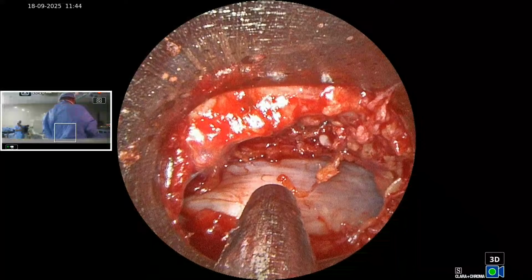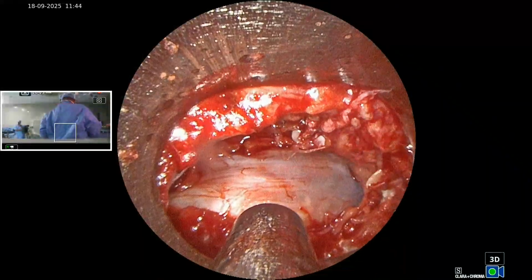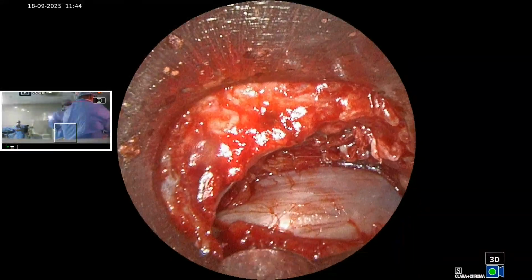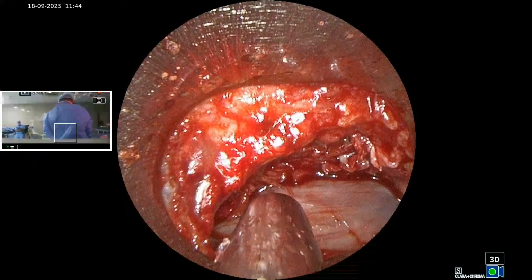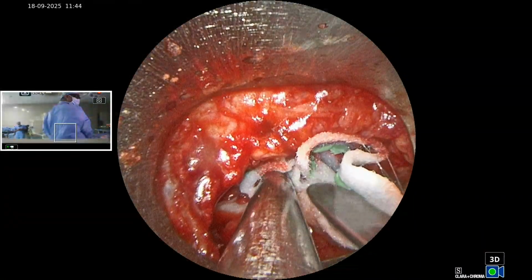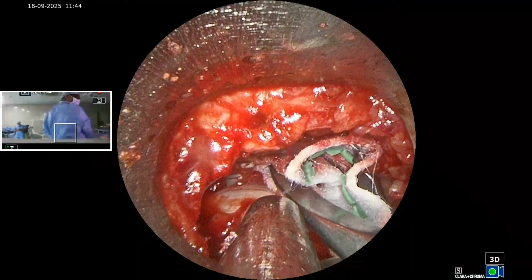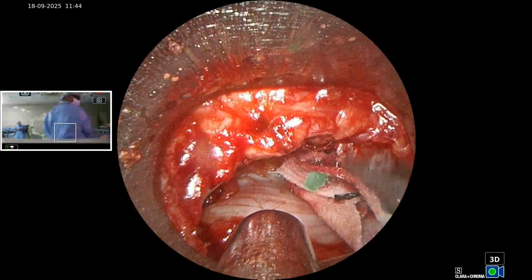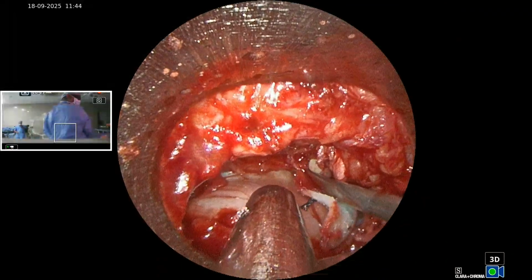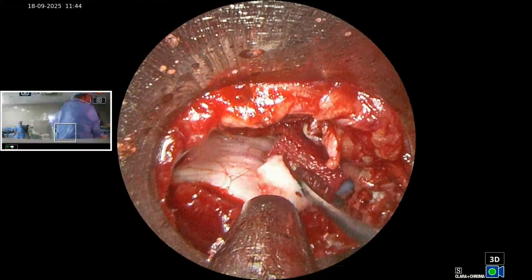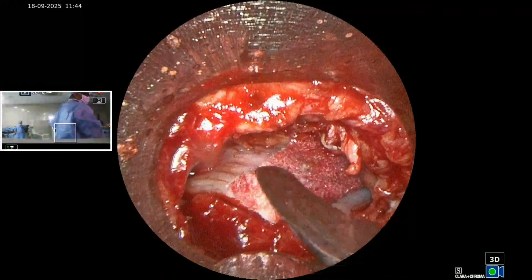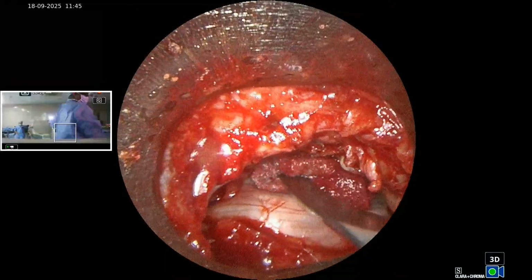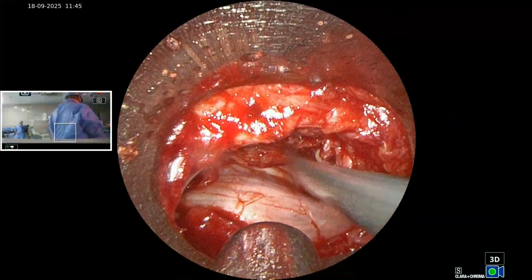Small petty. Small petty. Very, very tight canal, so I like to put a smaller petty and see. Two mm.